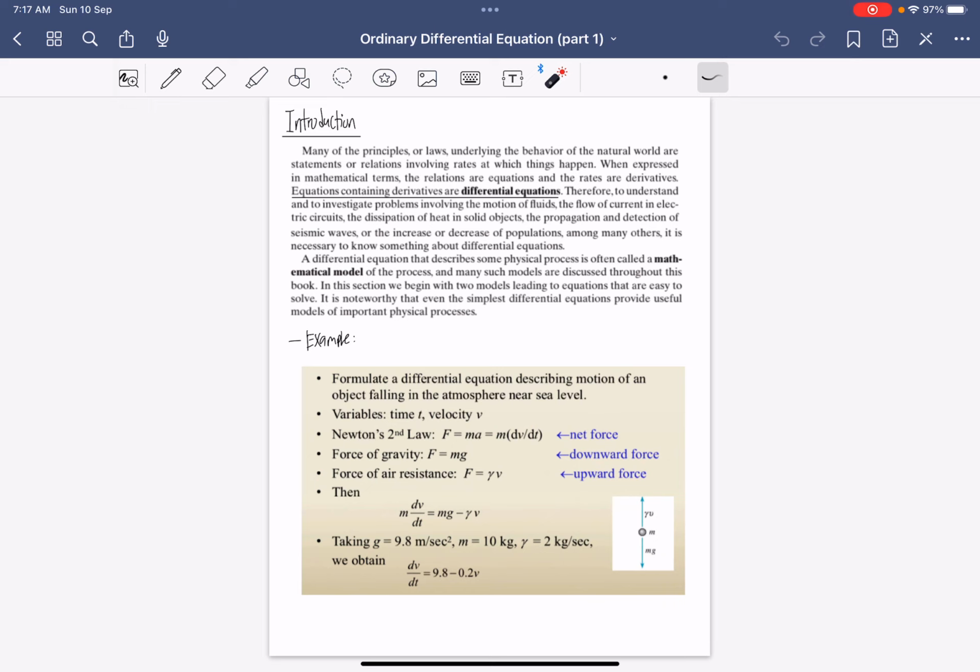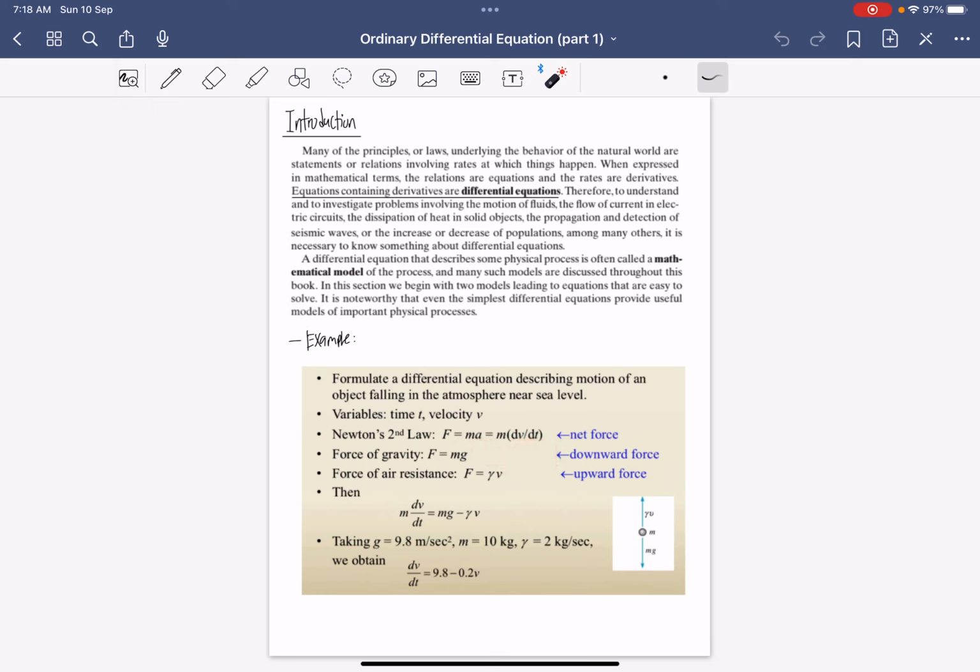The reason why differential equations are so important is that in everyday life, physical processes can be modeled using differential equations. Examples are the motion of objects falling near sea level. In this case, by Newton's second law, F equals ma, but the acceleration can be written in differential form, which is dv/dt.